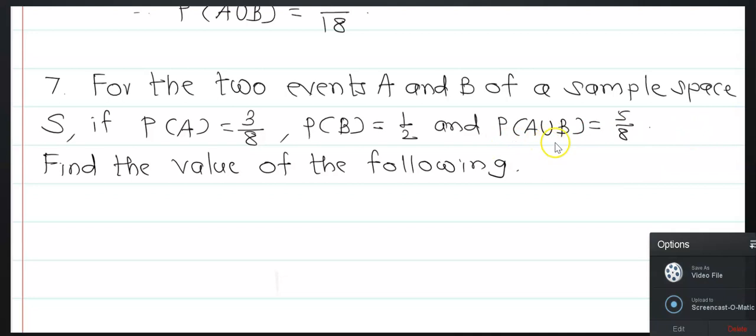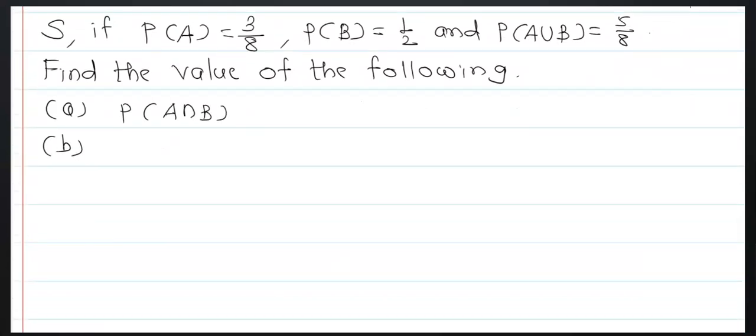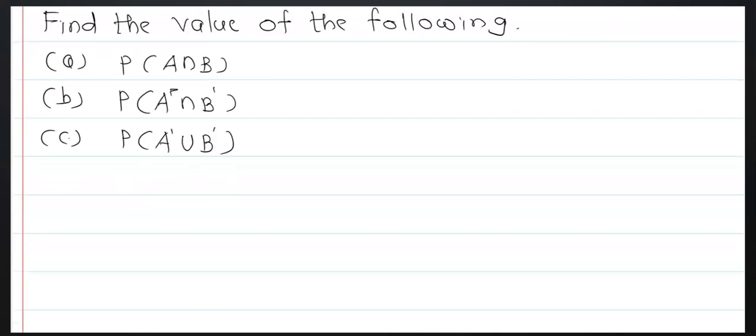First is P of A intersection B. Next is probability of A complement intersection B complement. Then probability of A complement union B complement. Now we'll see one by one.